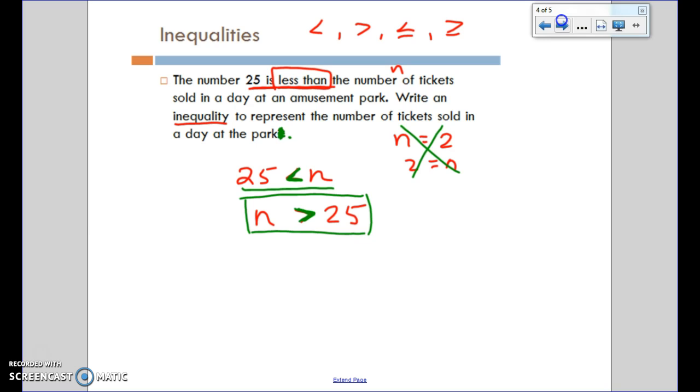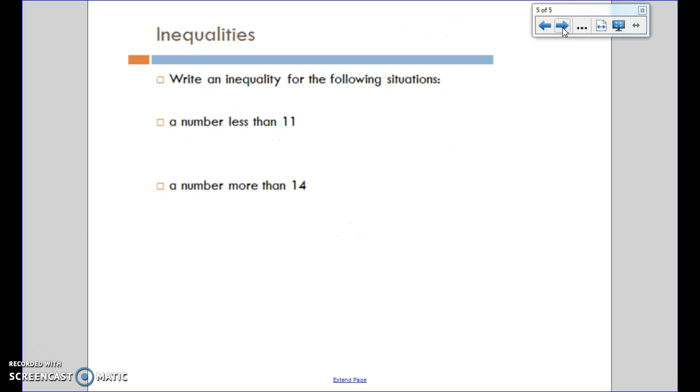The last two, I just snipped out some important keywords. It says write an inequality for the following situations. A number, and you usually just use the variable n or x or y or p; it doesn't matter what variable you use, an unknown, a number less than 11. So we know that the 11 must be bigger, or the n must be smaller.